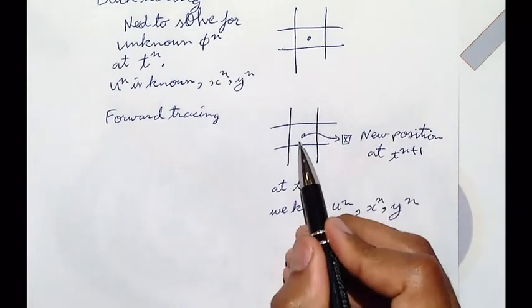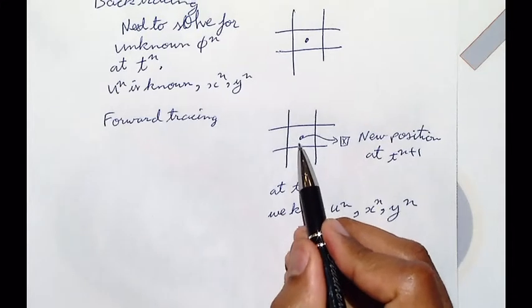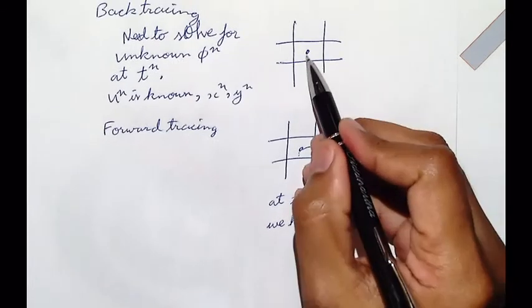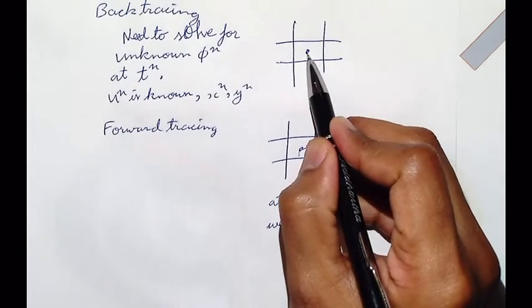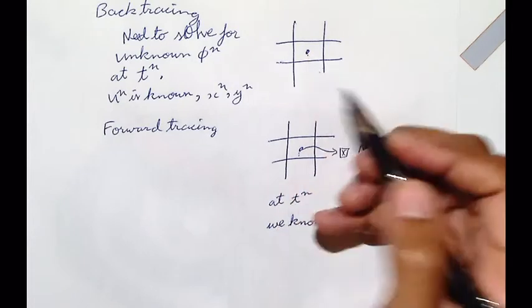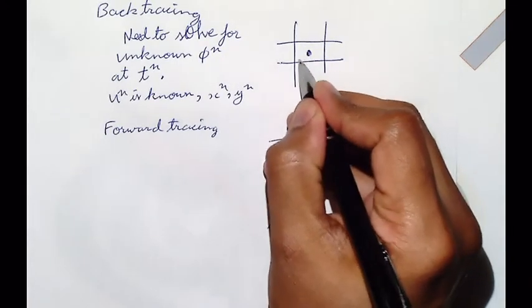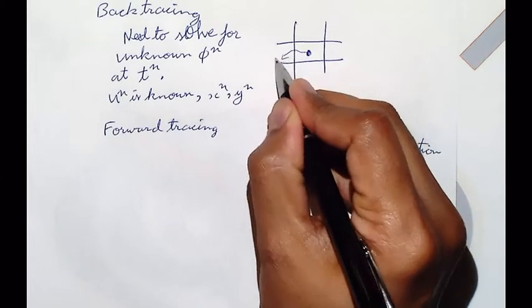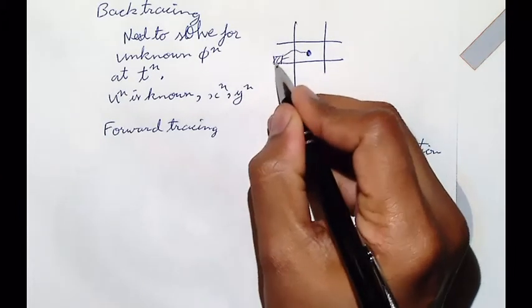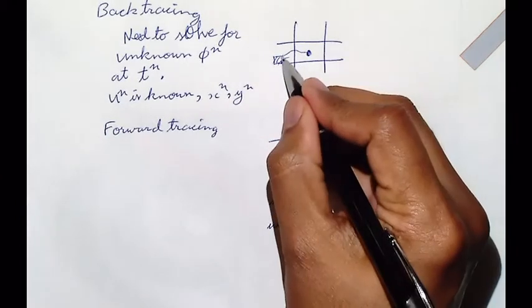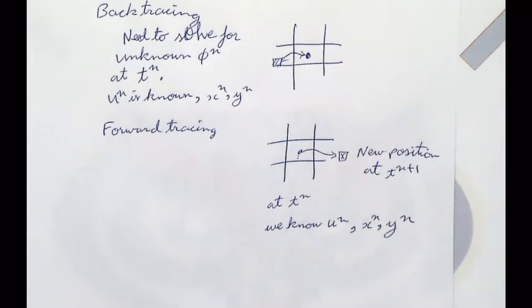So here we start at the grid point and go forward in time. We could also have started here and figured out where we came from, right? So this grid point was at some other point and it arrived from here. So this is where it came from. That's the backtracing concept.